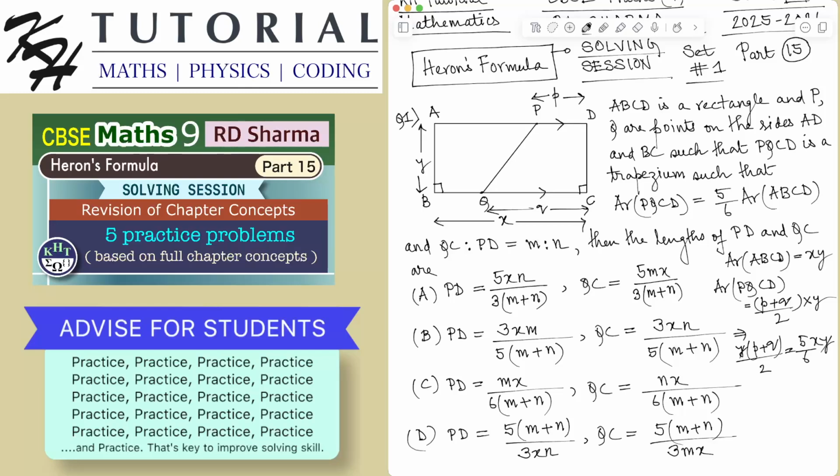So this implies we get p plus q is equal to 5x by 3. So p plus q we get is 5x by 3.